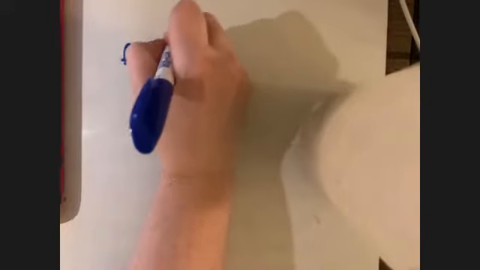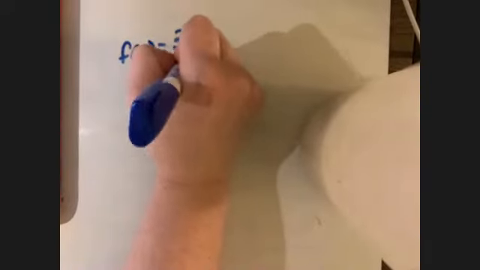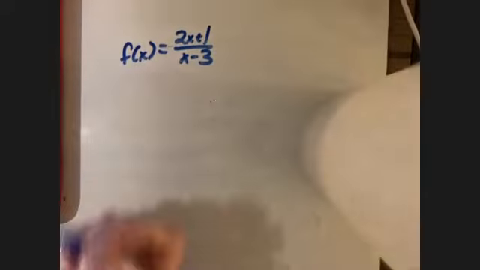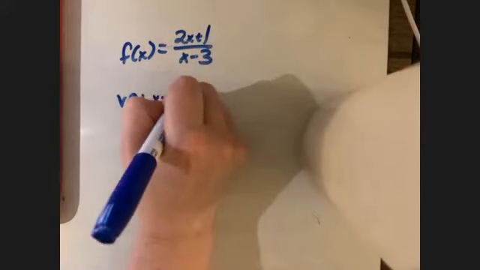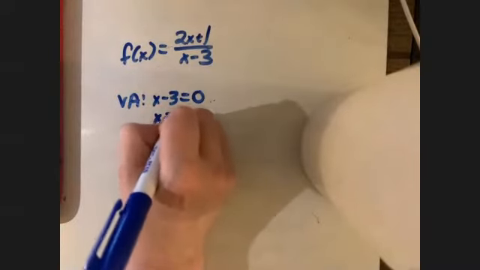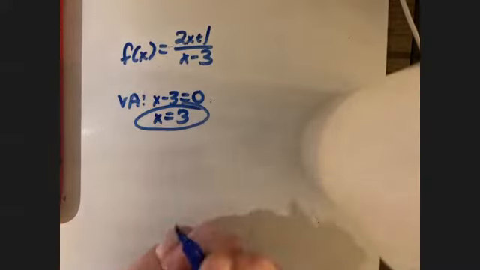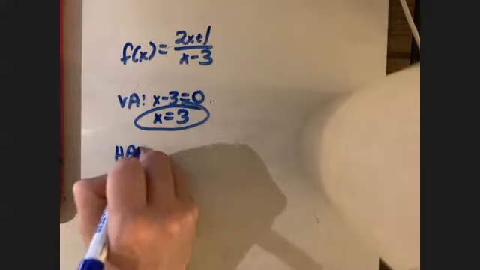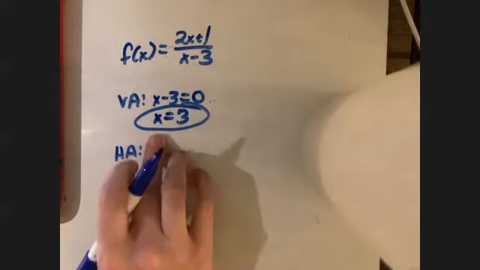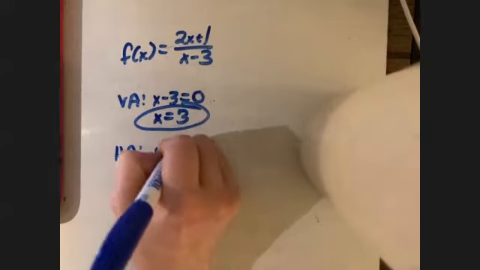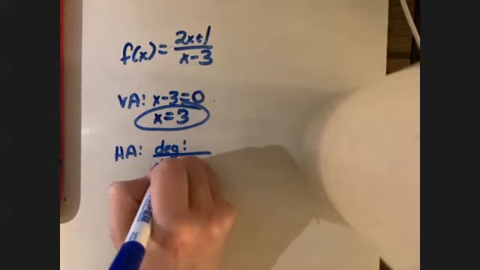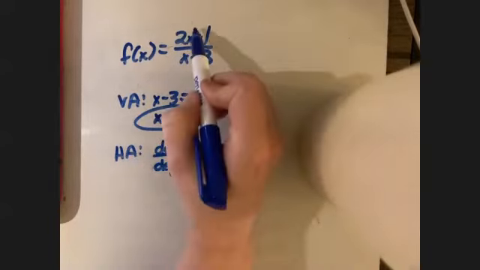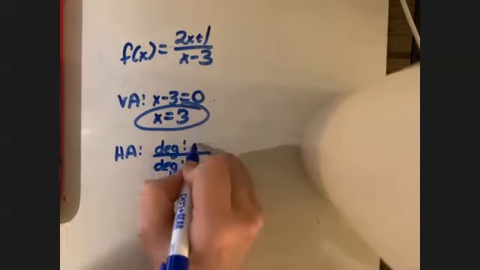Okay, so taking a look at another one of these. Vertical, I only have one to deal with here, so it's going to be at x equals 3. Horizontal, the degree on the top is 1 because that's that highest power.